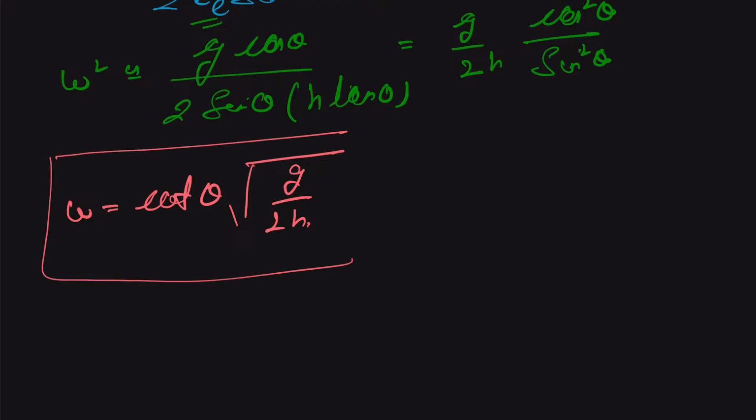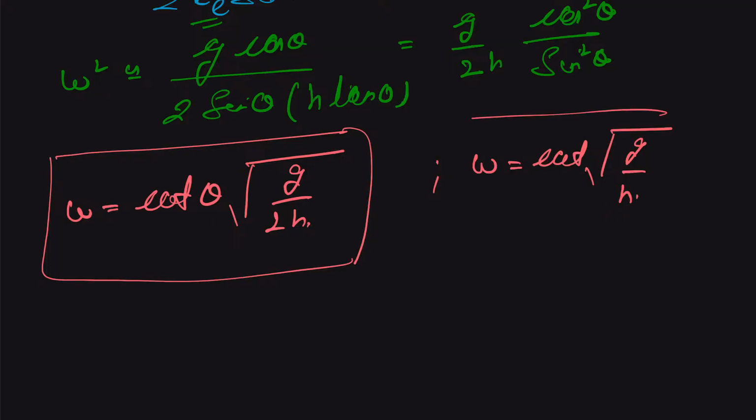So this is our frequency of a small ring that is rolling without slipping. Okay. And if we make a comparison with respect to first part, we got that omega is equal to cot of theta square root of g upon h. So this was the answer for part A, in which we have taken the particle and there was no friction.